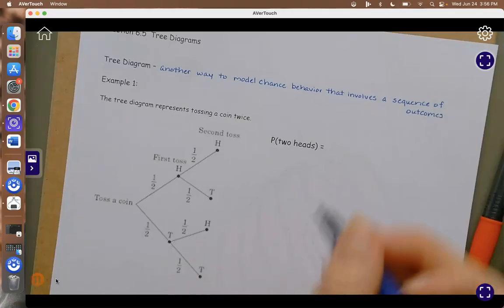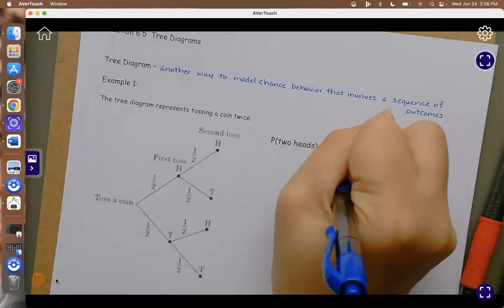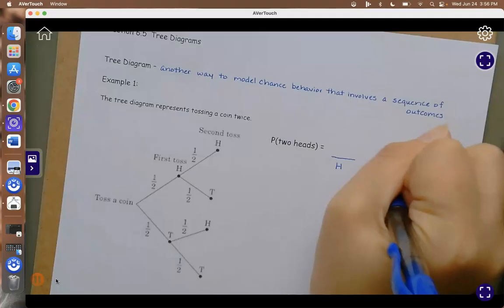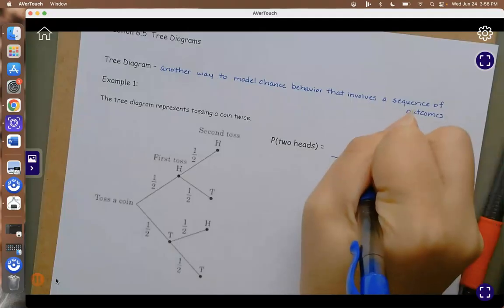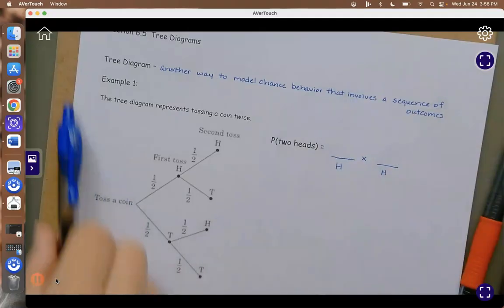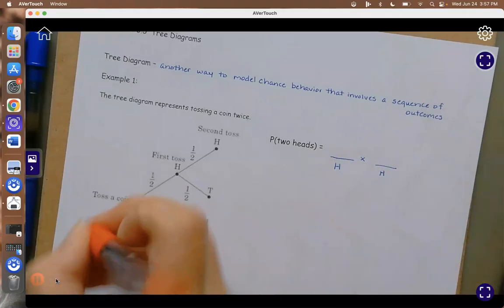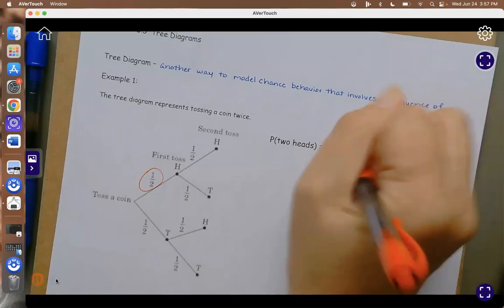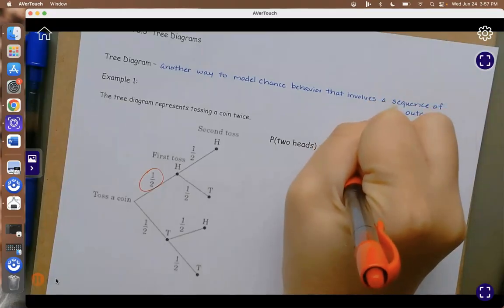Now they want to know the probability of getting 2 heads in a row. So they want a head here and a head here. So what we're going to do, the first toss you get a head, that's a 1/2.